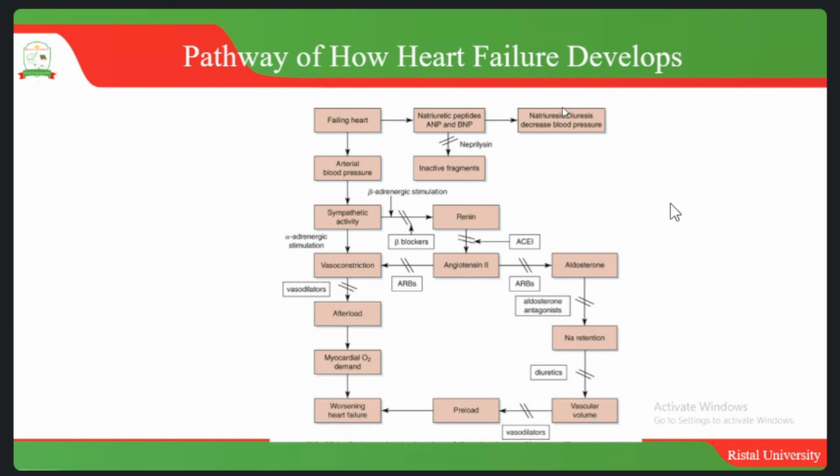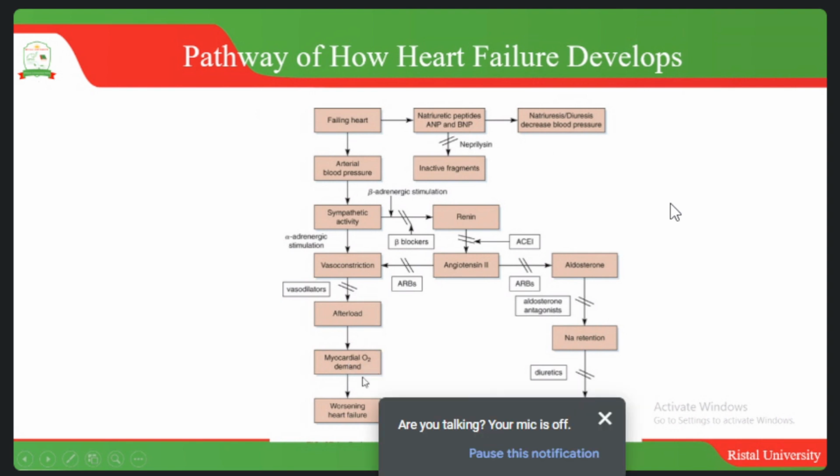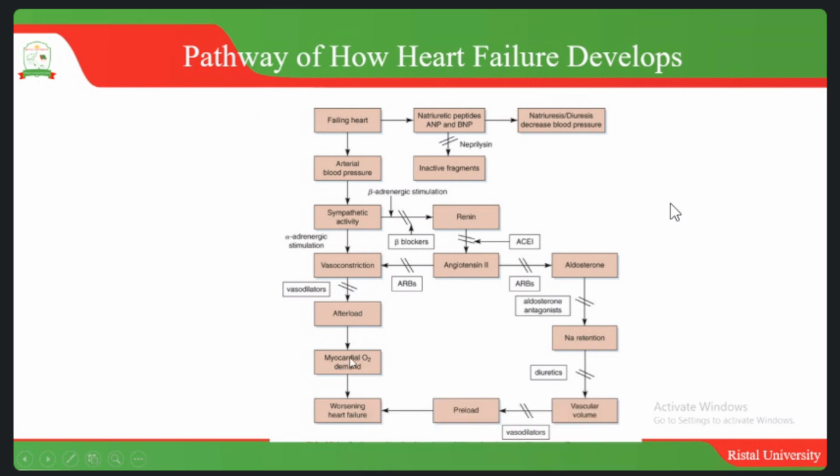So when there is little oxygen onto the myocardial muscles, it will now affect the heart from functioning. The heart will fail to pump out, and when it fails to release a good cardiac output, then it will affect the heart and cause heart failure.